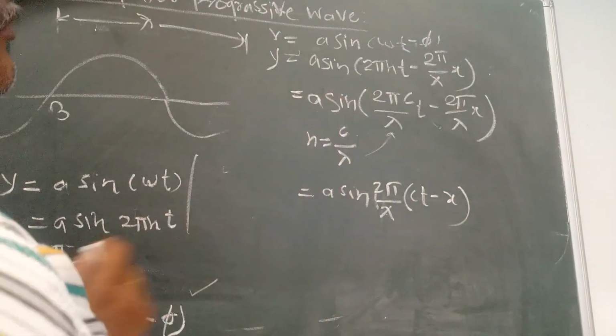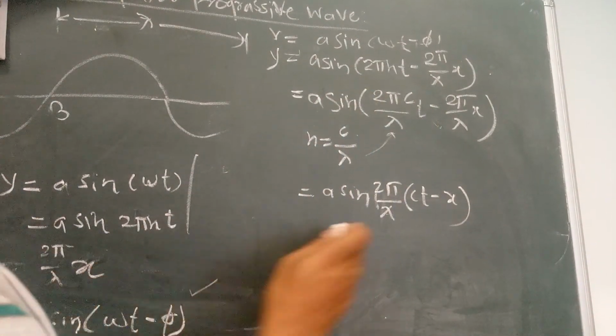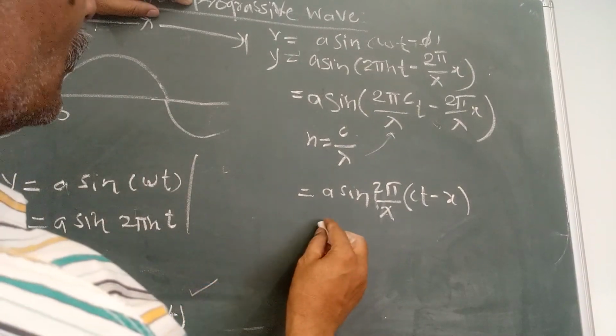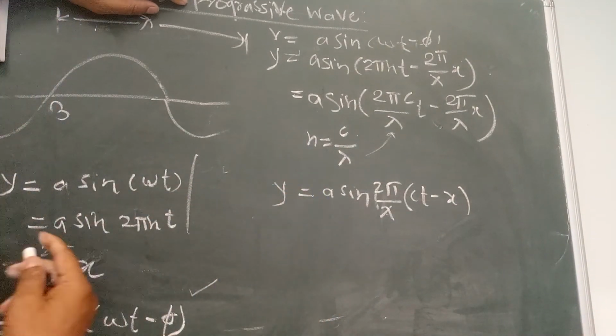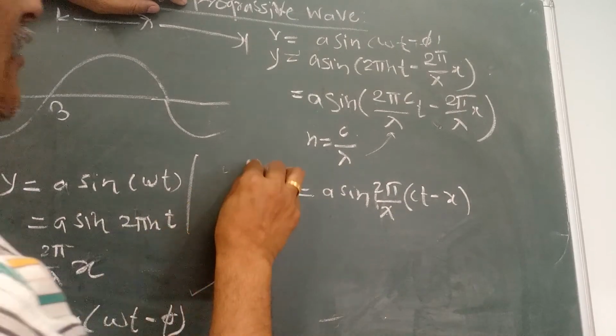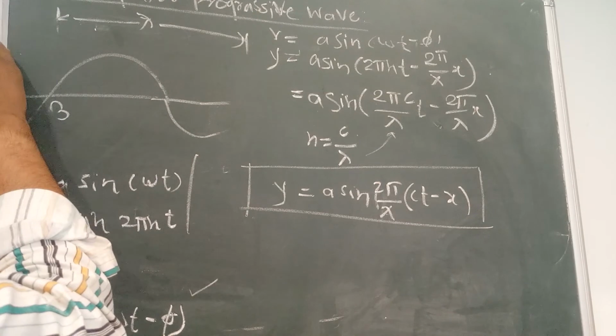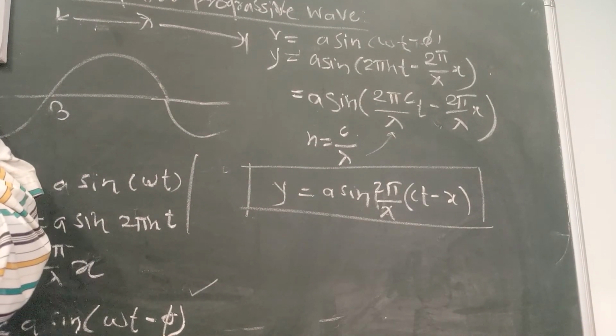So we have an equation like this for y, and this is the general equation for the wave.